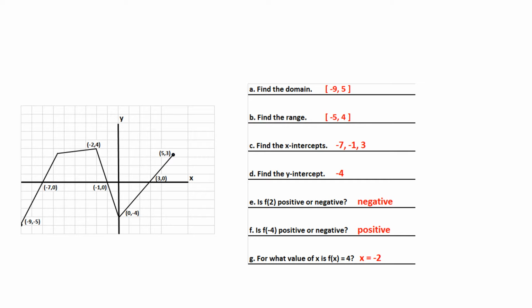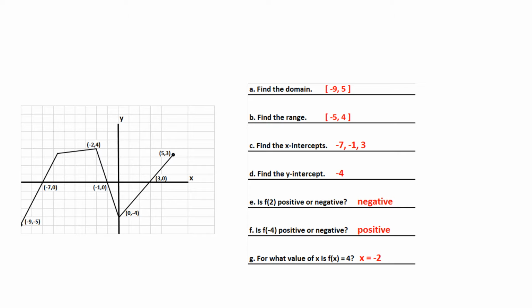Now, find the domain. That is x values. The leftmost dot is at -9, and the y value is -5. And the rightmost dot is at 5, 3. The x value is 5, so it goes from -9 to 5, and it's brackets because we include the points. What's the range?